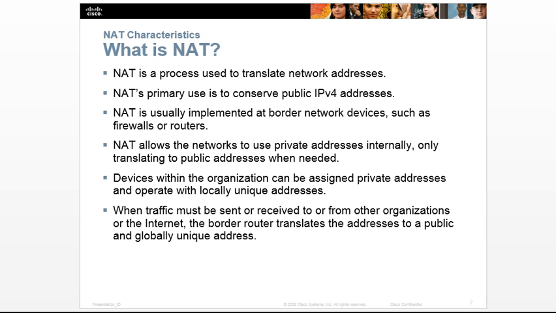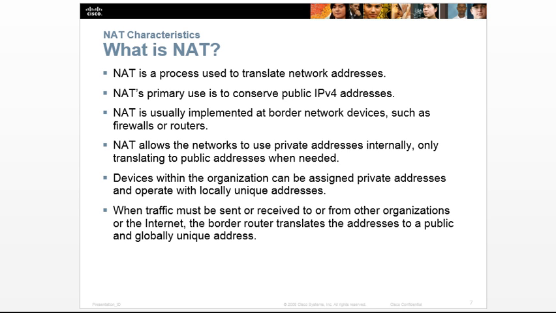So NAT is the process that is used to actually translate network addresses. NAT's primary use is to conserve public IP4 addresses. NAT is usually implemented at a border network device such as a firewall or a router. It allows the networks to use private addresses internally, only translating when public IP access is needed.